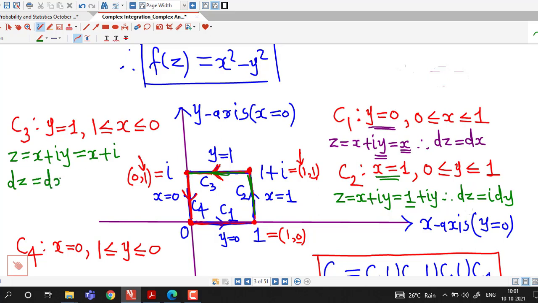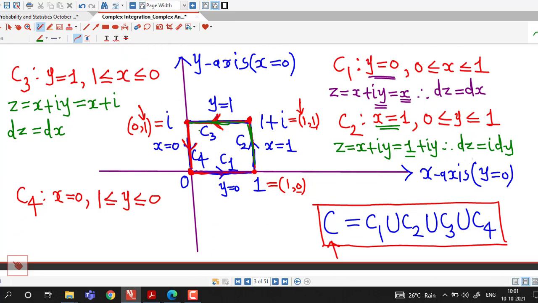So along C3 we will write dz equal to dx, and along C4 x is 0, so z is x plus iy. X is 0, so we have iy, and if we differentiate with respect to y, dz by dy is i, so dz will be replaced by i dy along C4.